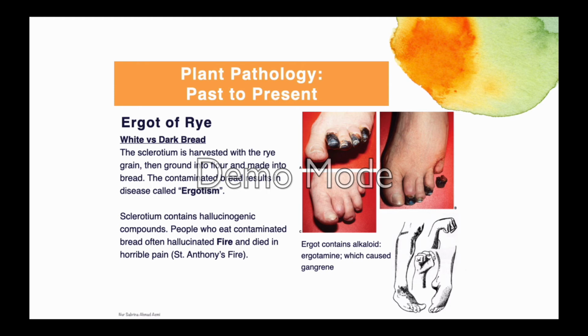When people consume this contaminated bread, eventually they get a disease called ergotism. Ergot has an alkaloid known as ergotamine, which causes gangrene. With gangrene, you normally have necrosis on some of the human body parts, and later on the necrotic part falls off. Besides this alkaloid, the sclerotium also produces hallucinogenic compounds.